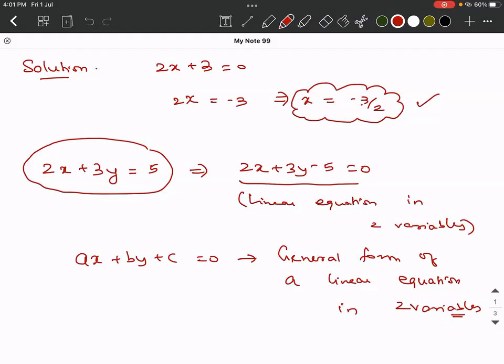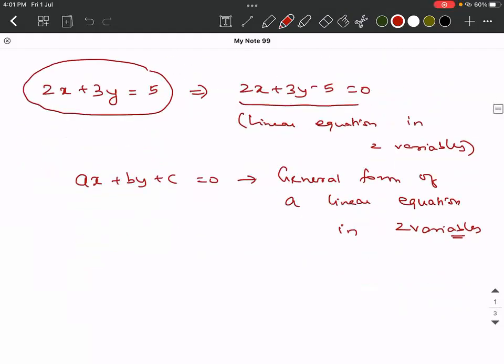Suppose you want to find one point among this infinite number of points, then what is the minimum number of equations that are required? You said it is 2. Whenever you want to solve a linear equation, or for that matter, any equation, the number of unknowns in the equation is equal to the number of equations you need.